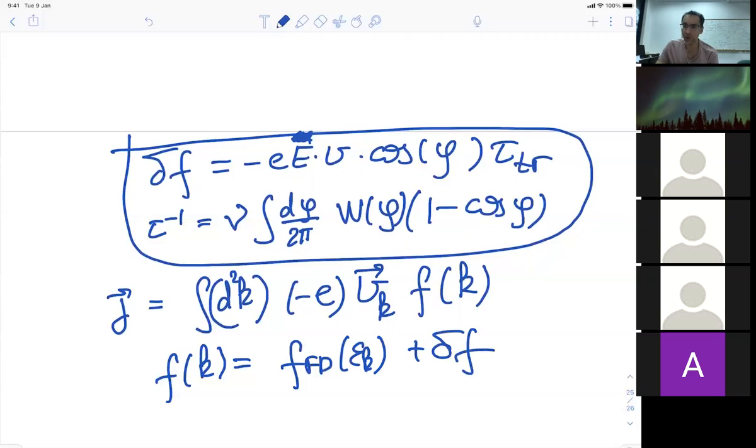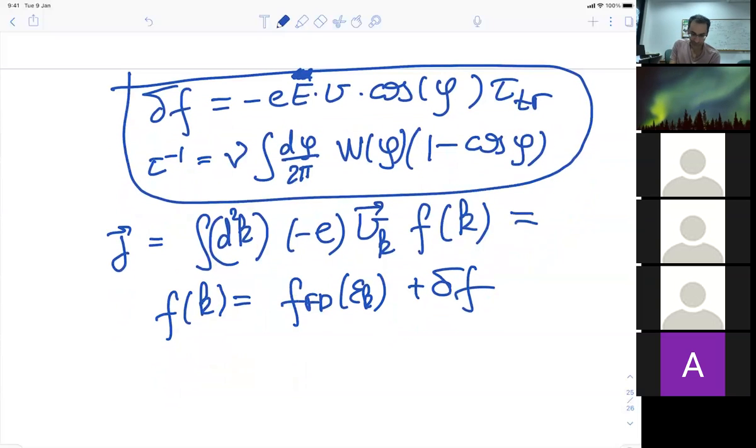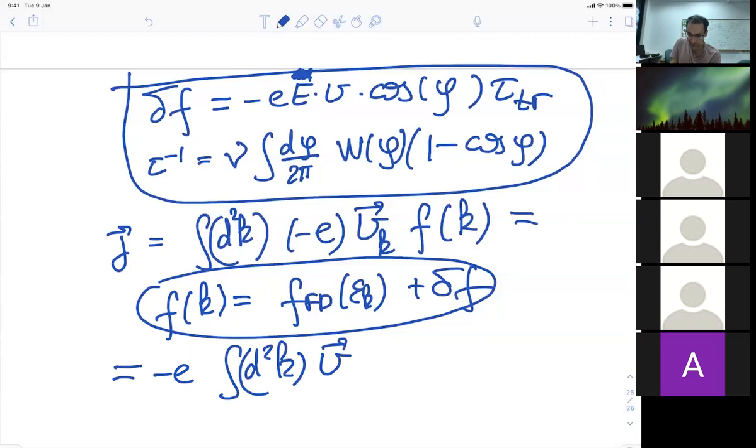So in principle, I need to substitute both terms. However, you probably see that the Fermi-Dirac part does not give any contribution to the electric current. So that's statement number one. And therefore we are left with minus E integral over d^2k, Vk, delta f as a function of k.